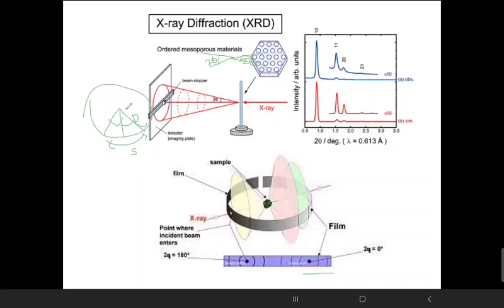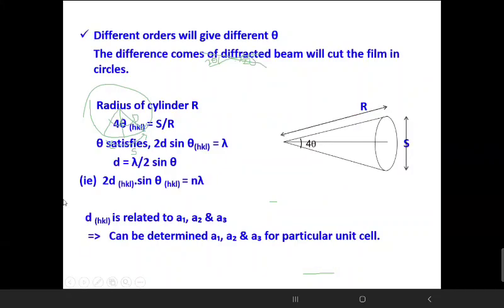This length is S and the radius is R. Different orders will give different theta. The diffracted beam will cut the film in a circle. So the angle is 4 theta, that is equal to S over R.